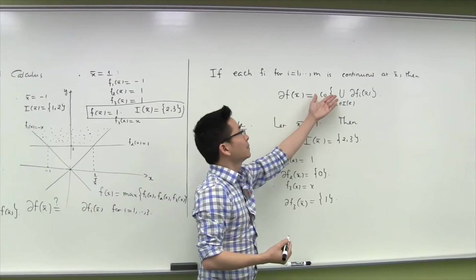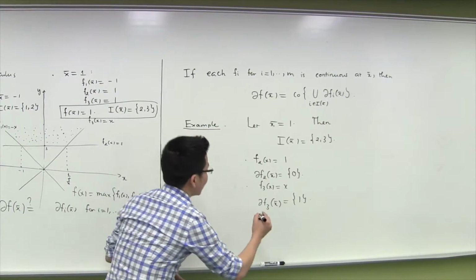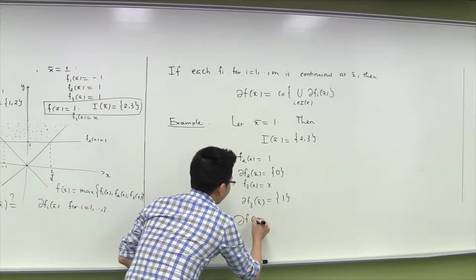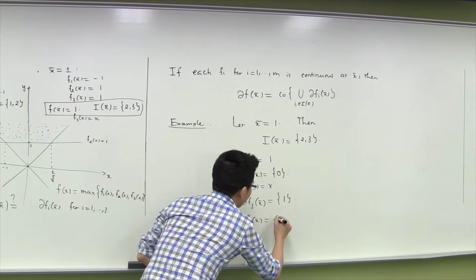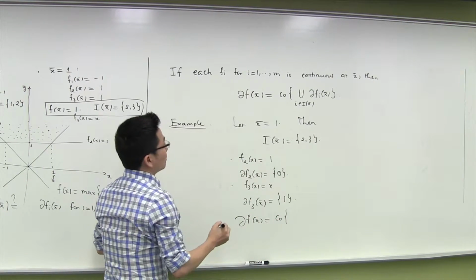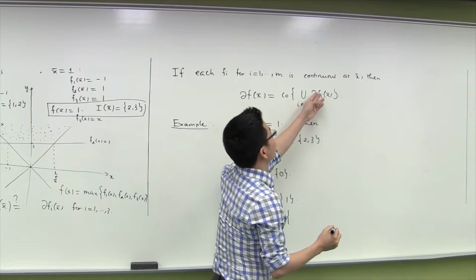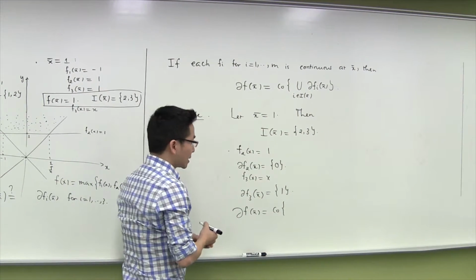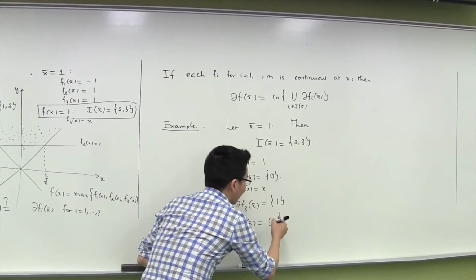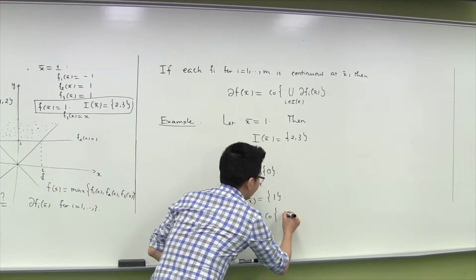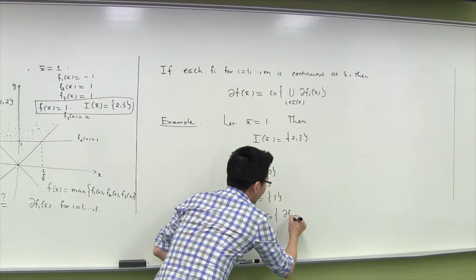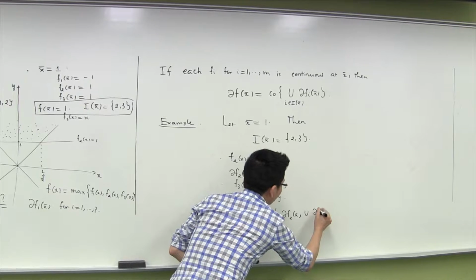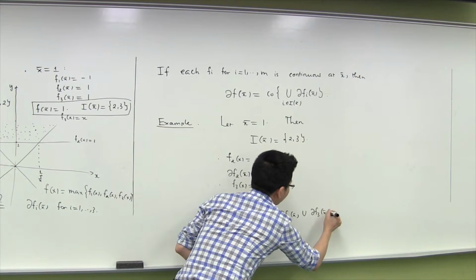Because of this formula, we see the following. The subdifferential of the function f at x bar is equal to the convex hull of the union of the subdifferential of fi at x bar, where i runs in the active index set. That means it's the convex hull of the union of the subdifferential of f2 at x bar and the subdifferential of f3 at x bar.